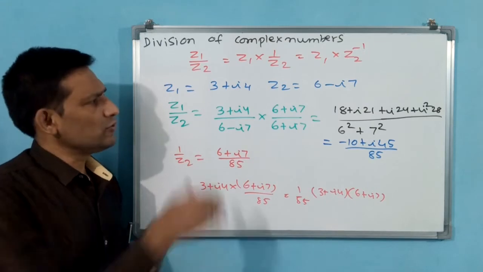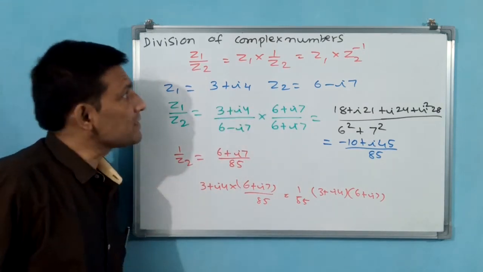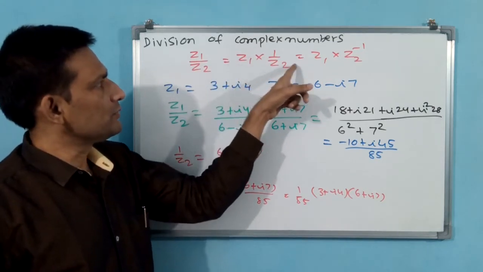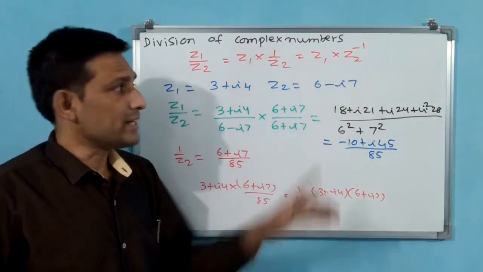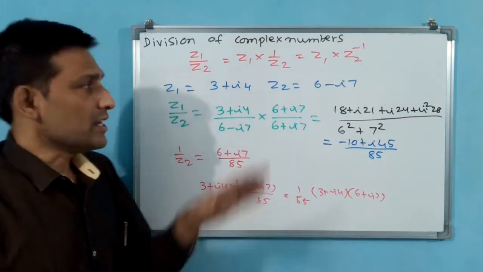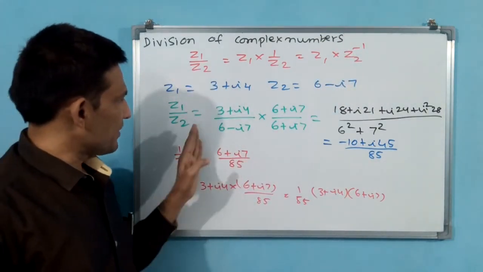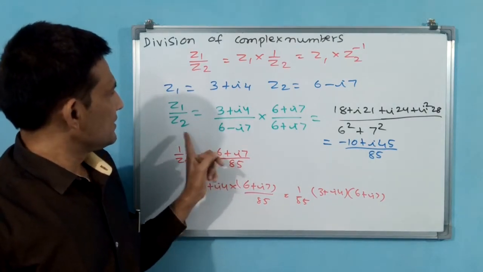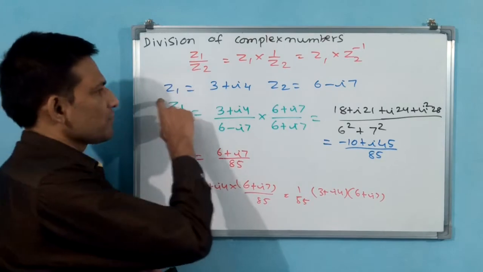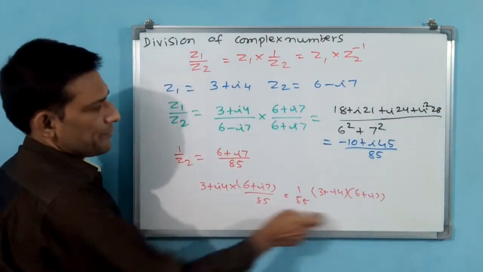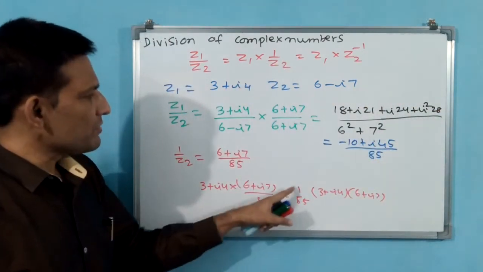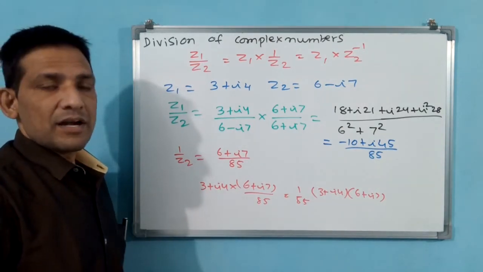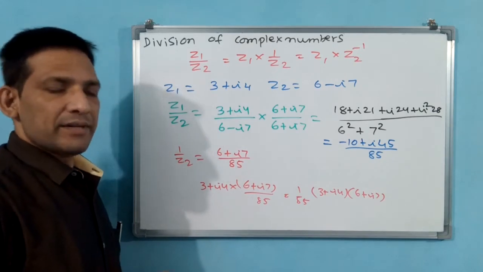Directly you can also do rationalization, but write this formula first: Z1 by Z2 is equal to Z1 into 1 by Z2, that is Z1 into Z2 inverse. Even if you don't write it, if you follow this direct procedure, both are going to give the same result. This is division of complex numbers.